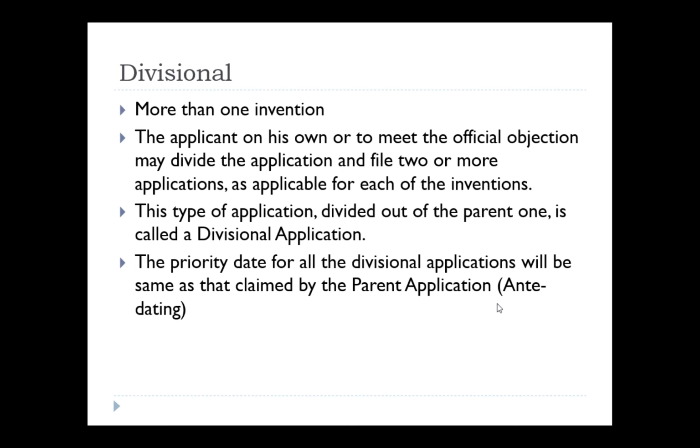While assessing, they find that this is not a single invention. The patent office itself, or I can say the controller itself, gives an option for the applicant: you can make it as two different patents, right? This we call a divisional patent, or patent of division. We have an option for splitting your inventions.